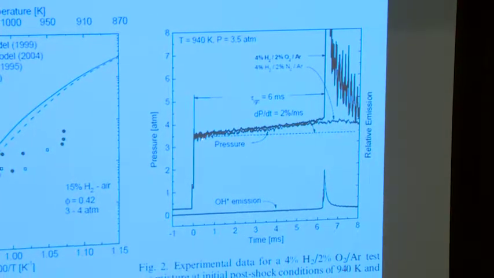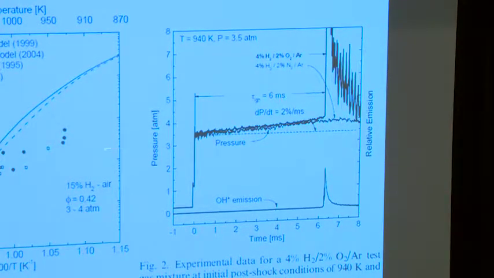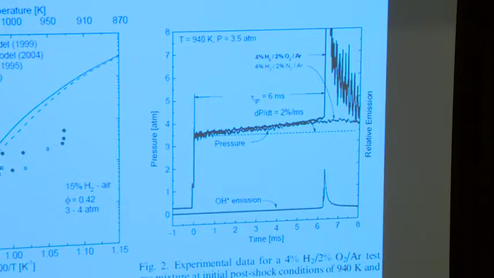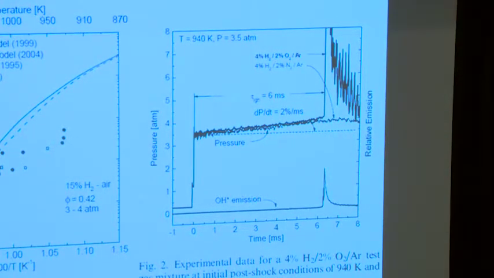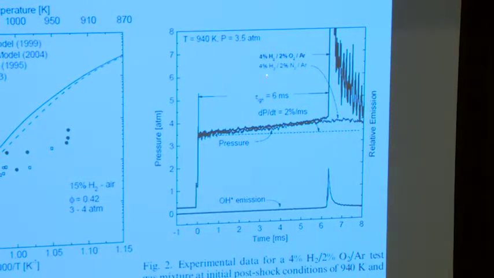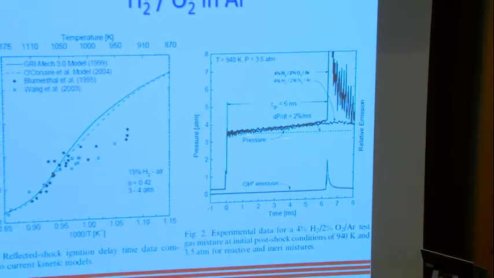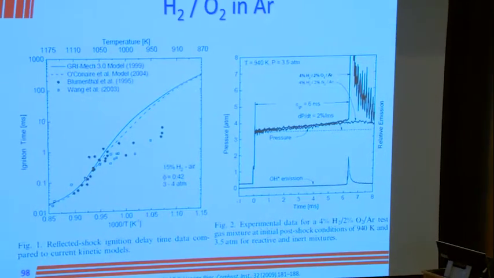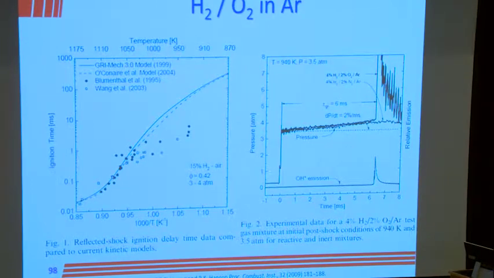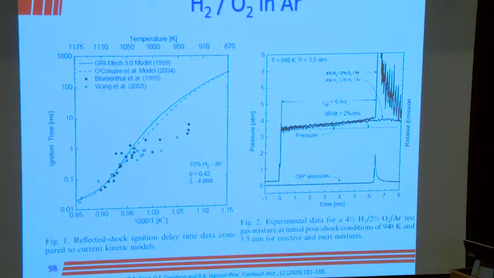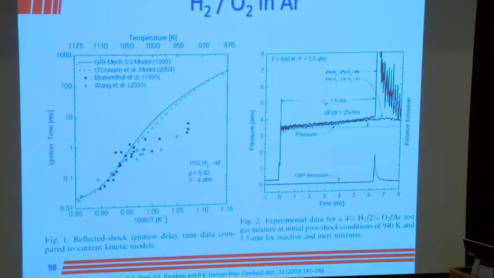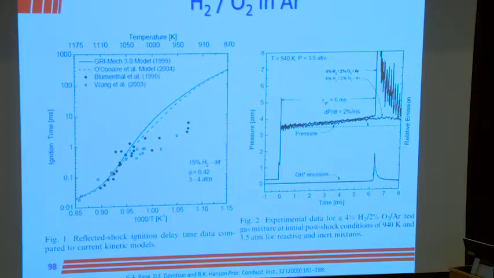The pressure is not constant. It's increasing steadily in time. And there's a constant dP/dt of about 2% per millisecond. And even for the unreactive mixture, it's doing the exact same thing. So this shock tube, under this condition, the pressure is rising at 2% per millisecond.